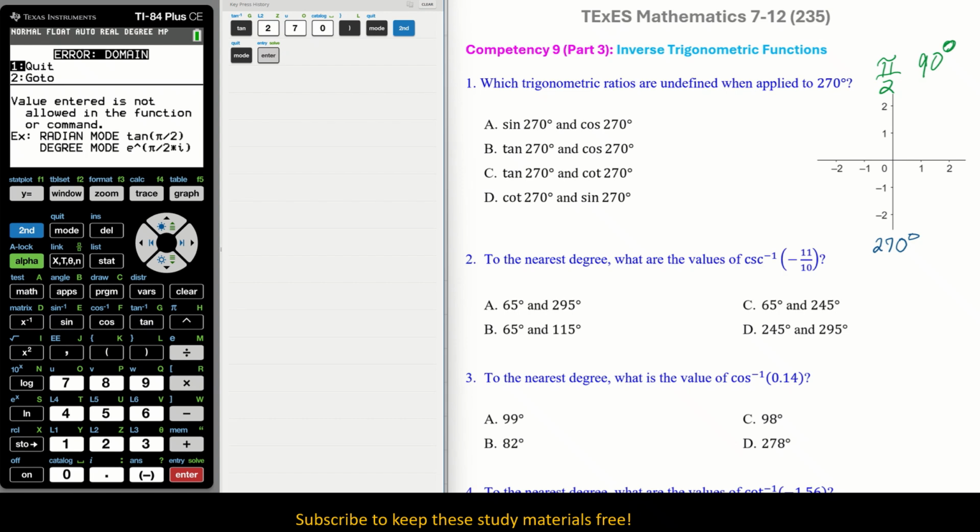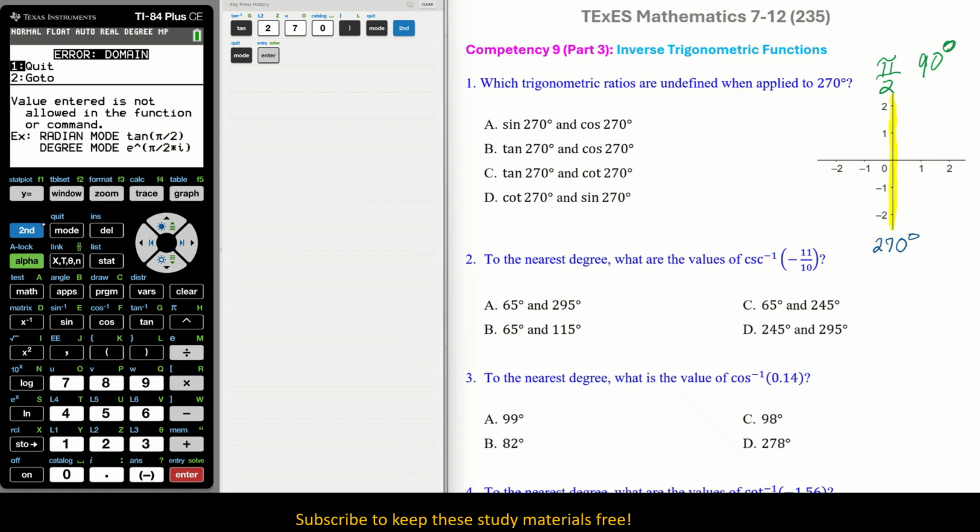The issue is that it is undefined because we have a vertical axis. It just is what it is. And if we did 1 over tangent 270, we would get the same thing.